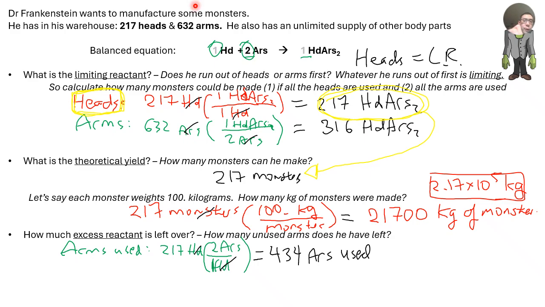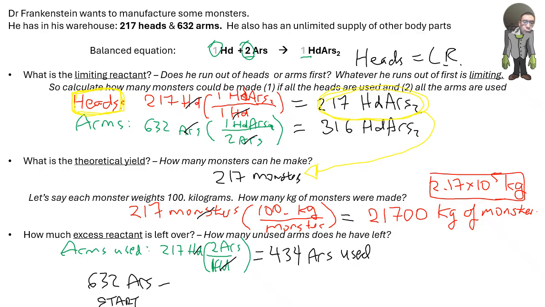We started with 632 arms. And so now we're going to do this. We're going to say we started with 632 arms. That's what we started with.